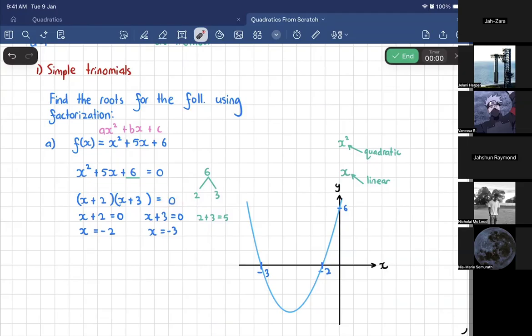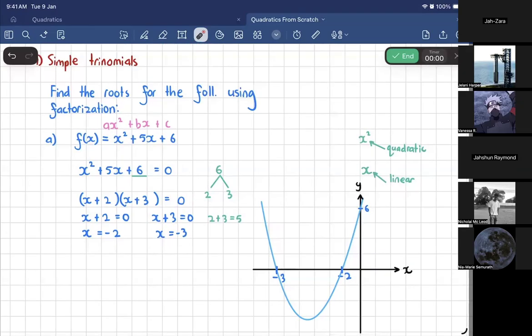Cool. So tell me something, Jazara. If we have x plus 2, what value of x is going to make that bracket 0? What's the opposite of plus 2? -2. Right. So when x is negative 2, this whole bracket is going to turn to what? 0. Right.